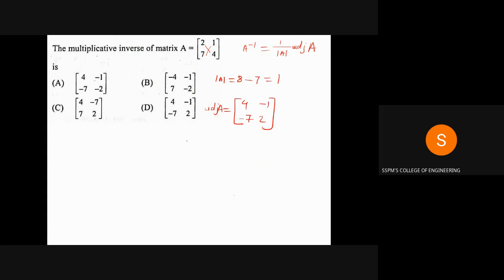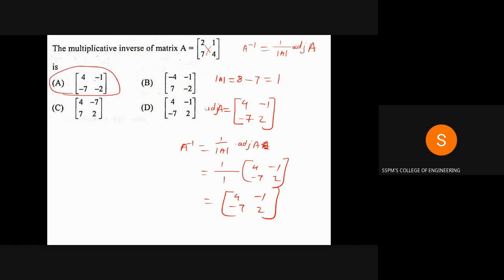This is adjoint of A. Therefore A inverse is equal to 1 upon determinant A into adjoint of A. Determinant of A is 1. Adjoint of A is 4, minus 1, minus 7, 2. This will be the answer. A will be the correct option.